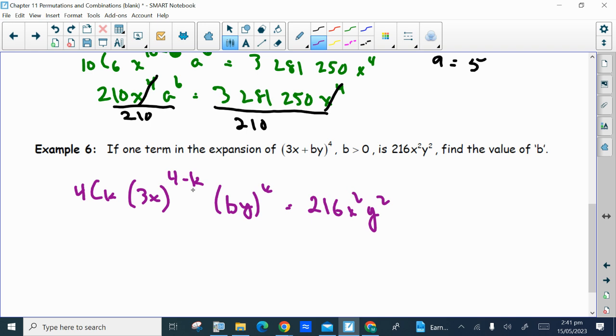So yes, 4 minus 2 has to equal 2. The other way is the exponent on y has to be 2. That's another reason why k must be 2, because when you look at this last factor, (by) to the power k, again, the exponent on y must be 2. If you let k equal 2 on x, you're going to get 4 minus 2, which will give you an x squared. It'll also give you a y squared. So yes, k must equal 2.